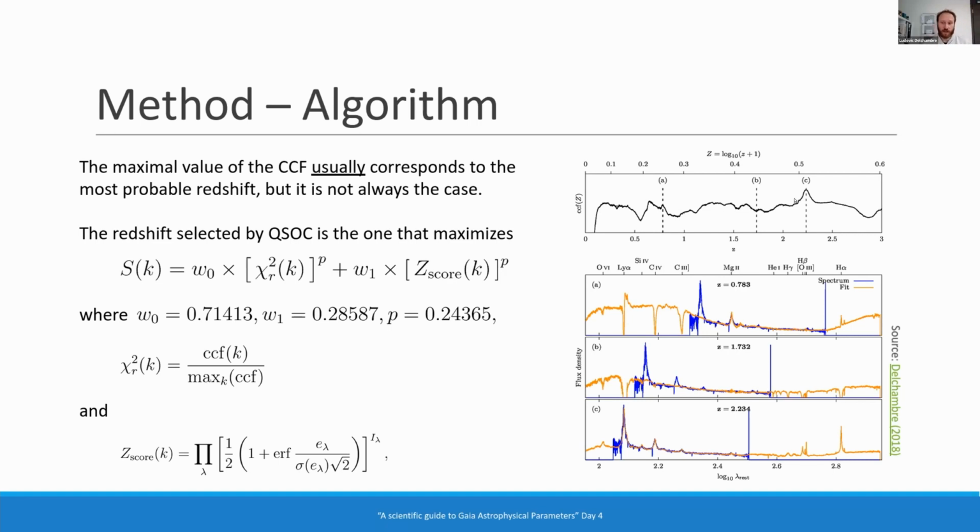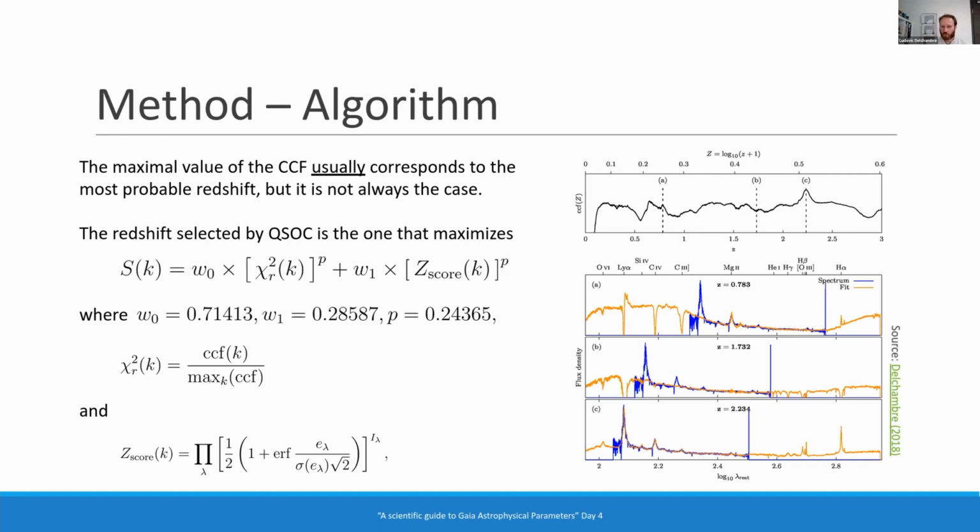Now, this is not always the case. The maximum of the cross-correlation function does not necessarily correspond to the most probable redshift, simply because we may fit, for example, templates to absorption features and so on.